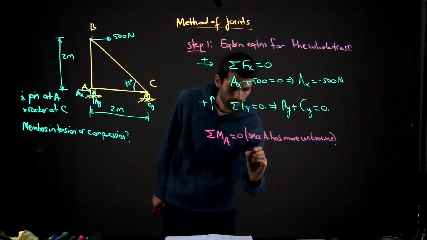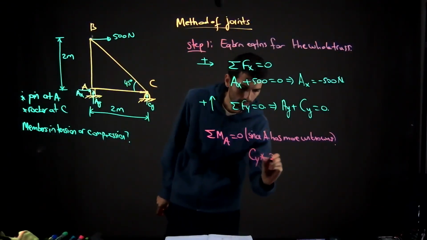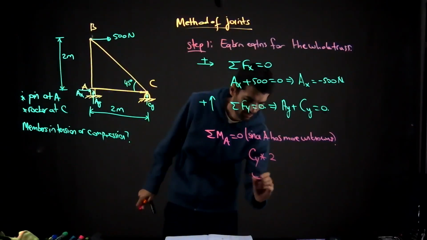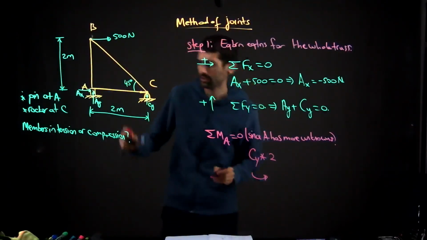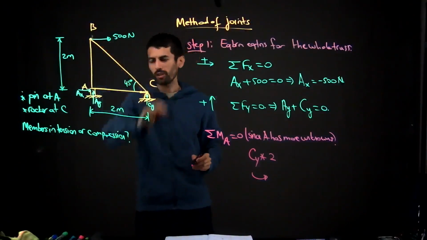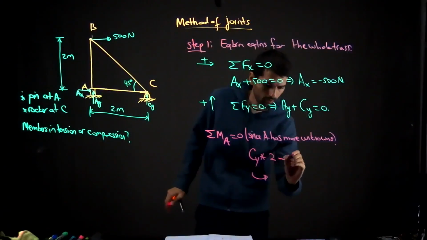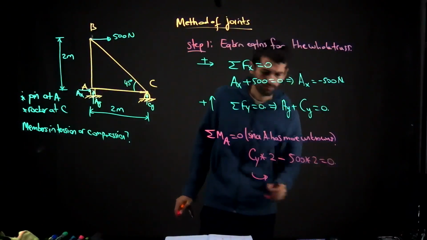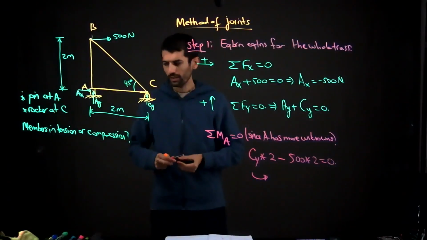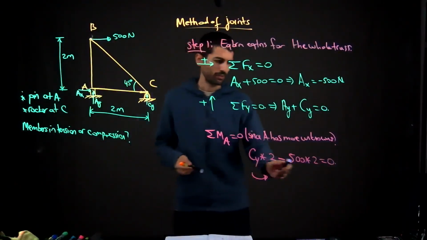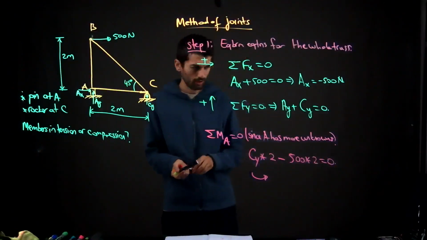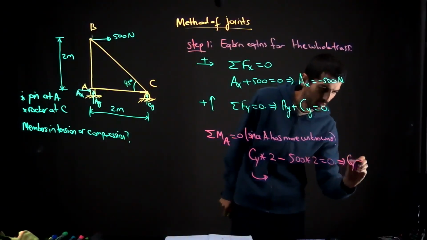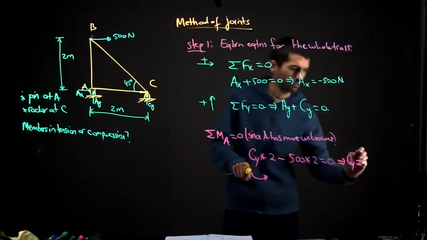So I will say that CY times 2 meters, which is a counterclockwise moment, is positive, and this one has a clockwise moment, so it will be minus 500 times 2 is equal to 0. Okay, and then we have the CY value. From here it will follow that CY will be 500 newtons.